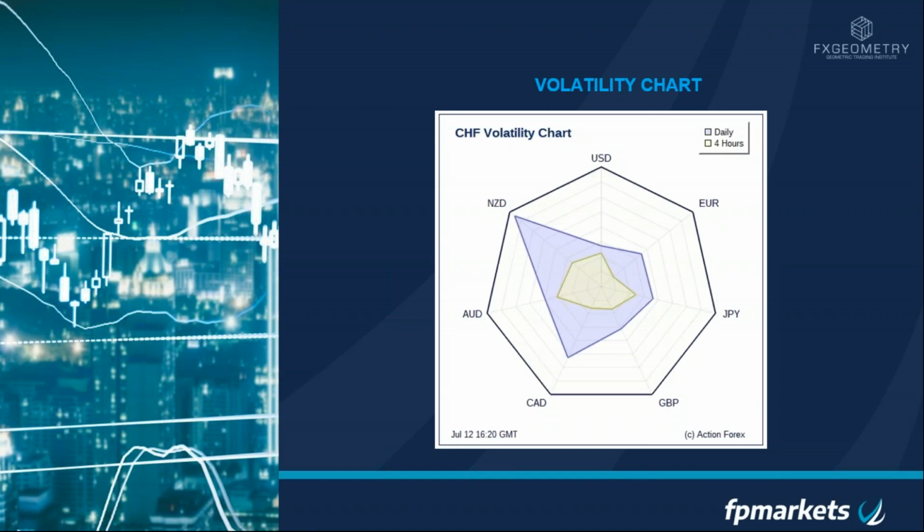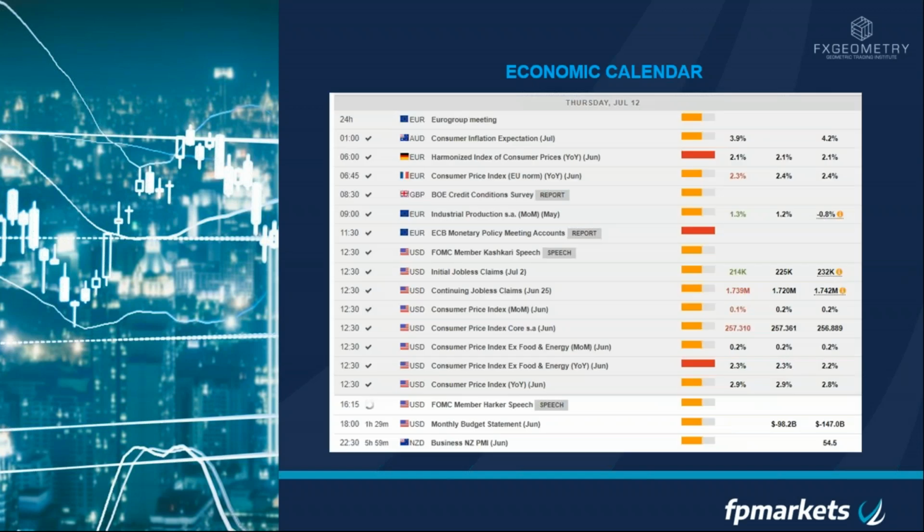So here we have that commodity currency type feeling again, and we're looking at CHF versus the NZD being highly volatile. Okay, so this could be a pair, CHF NZD, worth venturing more into, looking at the charts, just to get a first-hand approach in choosing a pair to analyze further. So that's basically it, as simple as that.